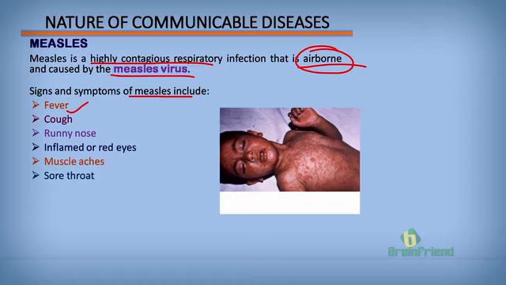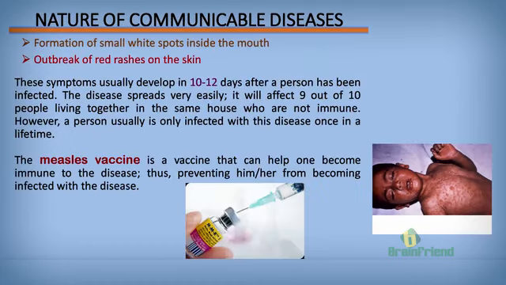Now, signs and symptoms of this disease, measles, is fever. When someone contracts measles, these are the signs and symptoms that they are likely to show in their body. Fever, cough, runny nose, inflamed or red eyes, muscle aches, sore throat, formation of small white spots inside the mouth, and outbreak of red rashes on the skin.